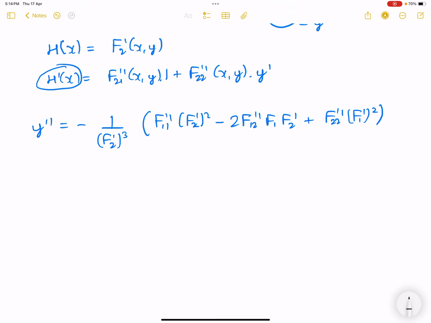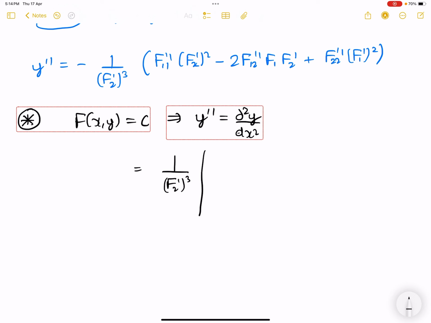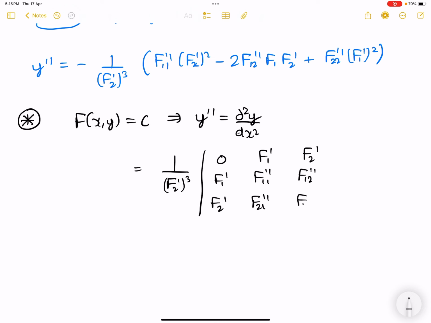Or the more general form, what you can do is, you can note this down, that if f(x,y) equals to c, this implies y double dash, which is d2y by dx2, can be written as a determinant with f2 dash, f11, f12, f21, f22.